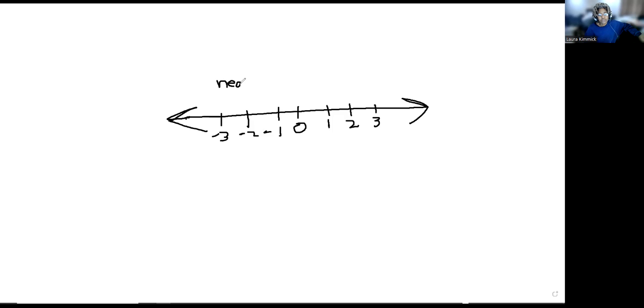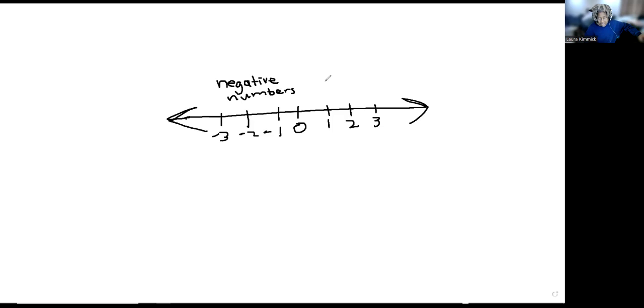Since I'm facing you, left and right will be opposite. Here to the right are the positive numbers.